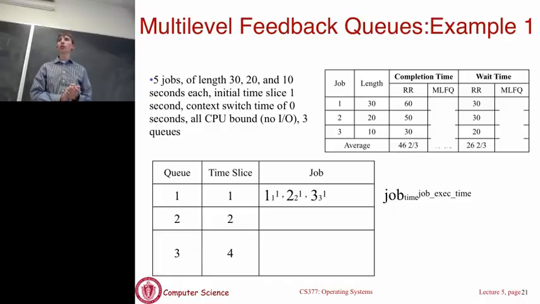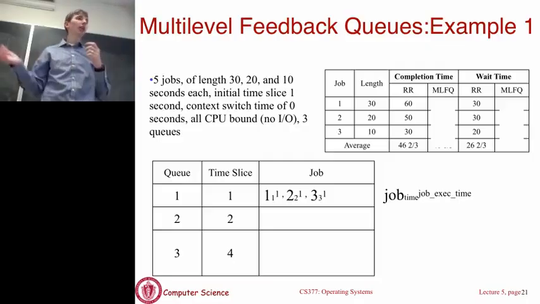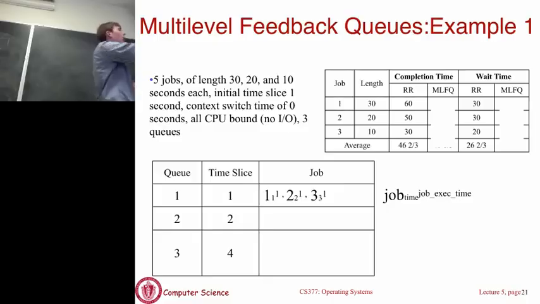So why is it 2 seconds? Because remember, we're now in the second priority queue, so the time slice is no longer 1 second, it's now 2 seconds. So we start executing job 1 again, because it's first in the priority 2 queue, and we're going to execute that for 2 seconds.